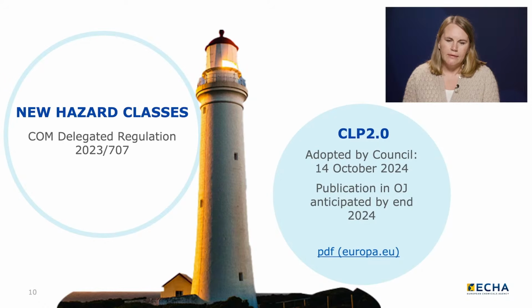The aim of the new hazard classes is to better protect human health and the environment by addressing emerging concerns in chemical safety. In addition, the revision of the CLP Regulation, CLP 2.0, was adopted by the Council on the 14th of October 2024, and the publication in the official journal is anticipated by the end of 2024.